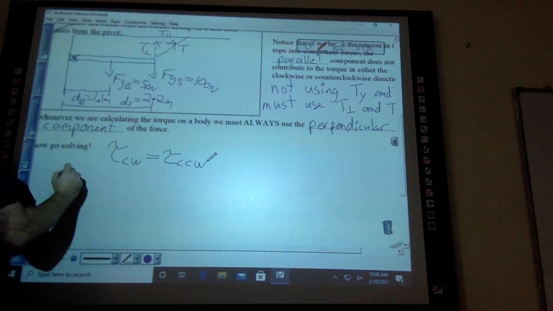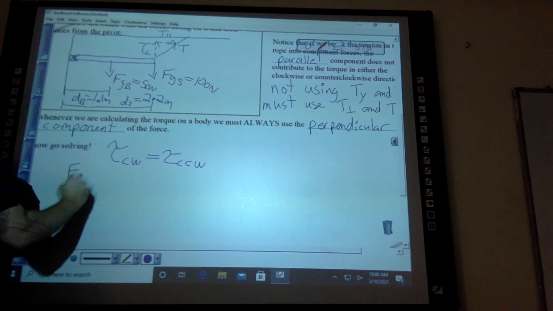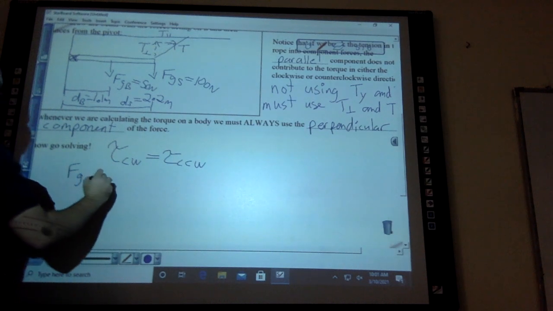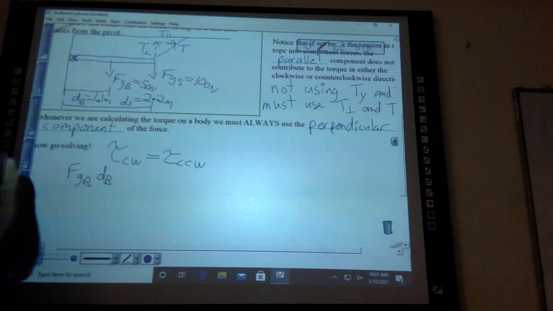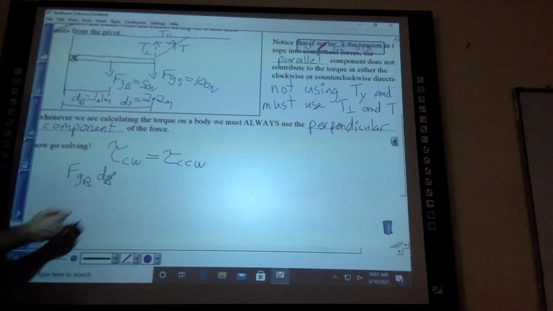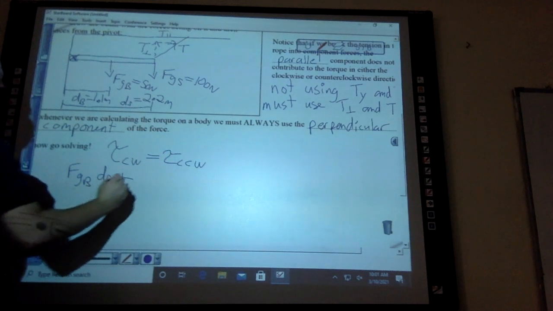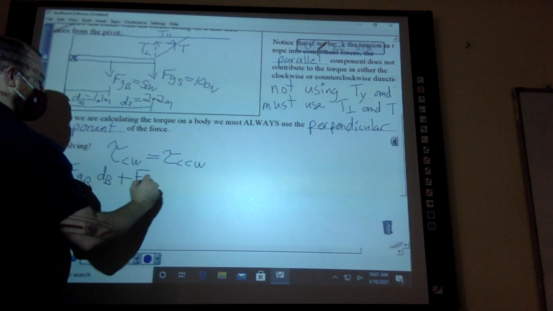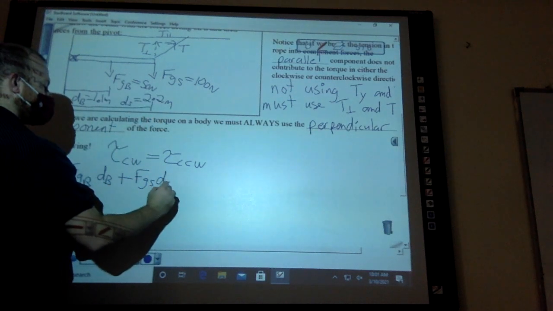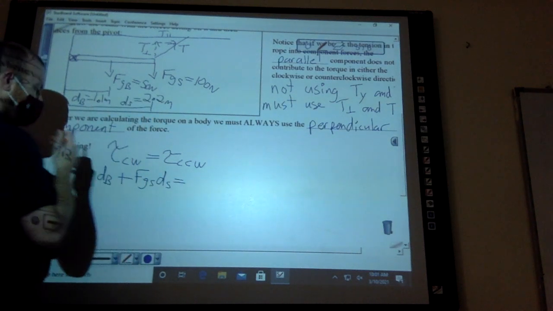So my clockwise rotations are going to be FGB, force of gravity of the beam, times distance to that force, because torque is force times distance, plus FGS, the force of gravity from the sign, times the distance to that sign.